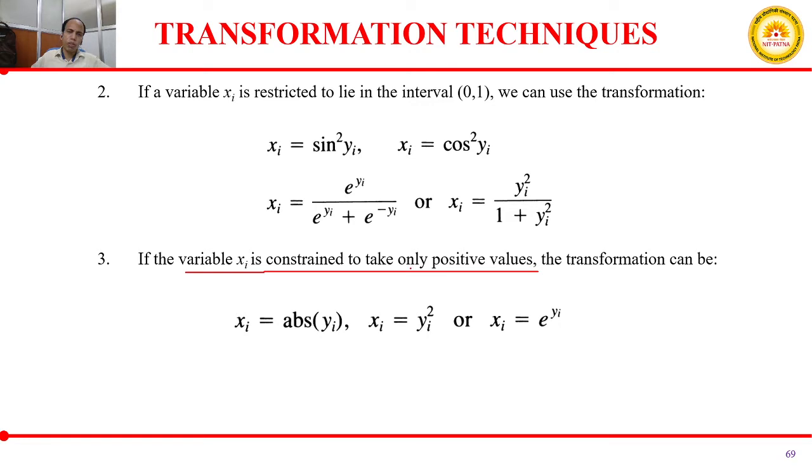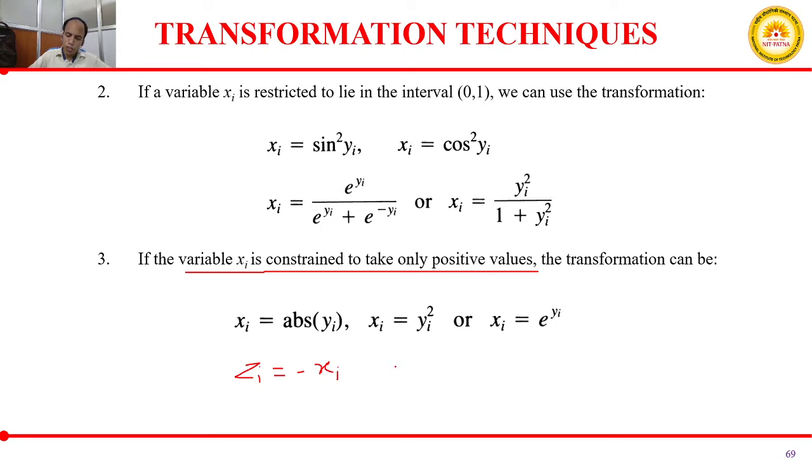we can do one more transformation, and we can introduce one more variable, say zi. We can define that zi is equal to minus xi. So in that case, this new variable zi will become positive.